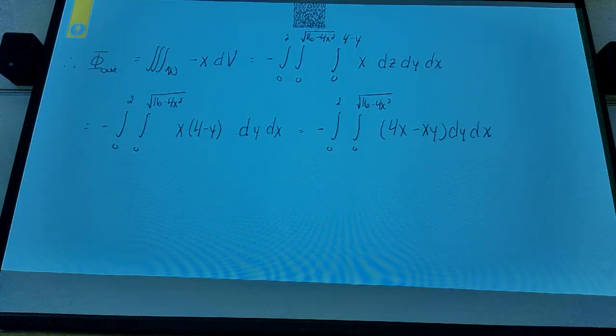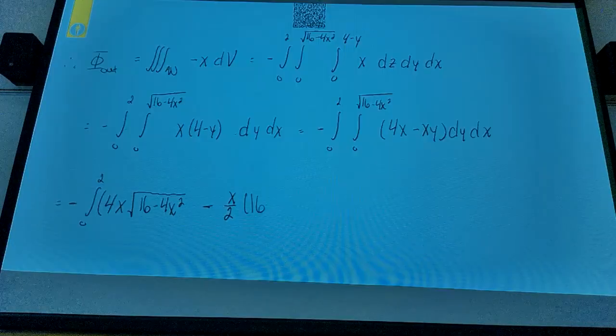Now we integrate with respect to y. That'll be 4x times the square root of 16 minus 4x squared, minus x over 2 times the quantity 16 minus 4x squared.